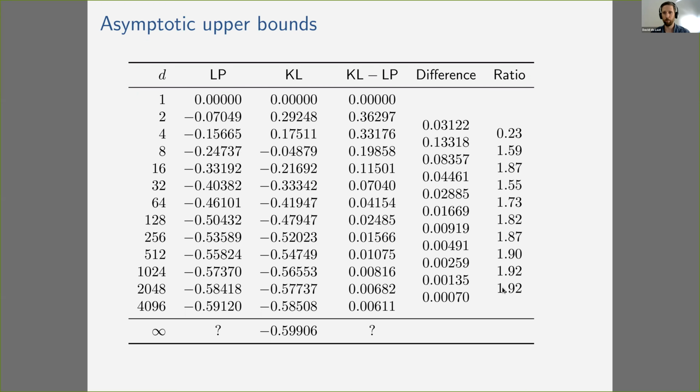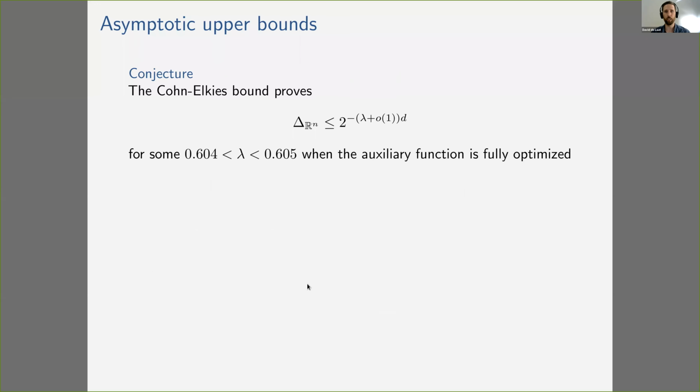Given that assumption, you can compute what happens to all these numbers. Then we get the following conjecture: the Kabatiansky-Levenshtein bound proves the following upper bound. The sphere packing density is at most this number, where lambda is some number between 0.604 and 0.605.